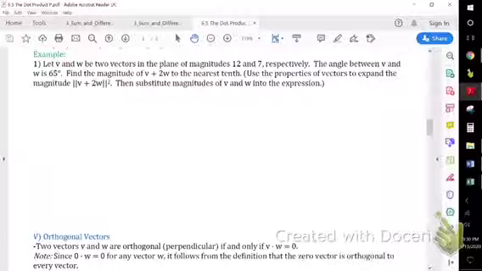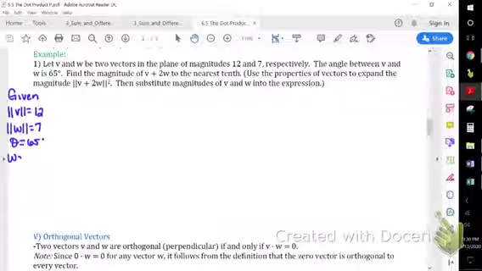Alright, so let's just talk about what we've been given, what we're after, and how we're going to solve it. What was given? They told us the magnitude of vector v is 12, the magnitude of vector w is 7, and our angle is 65 degrees.